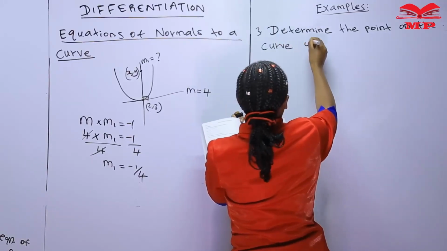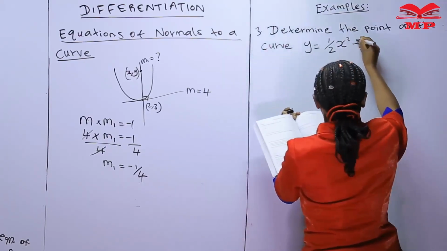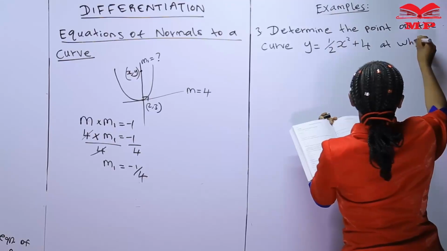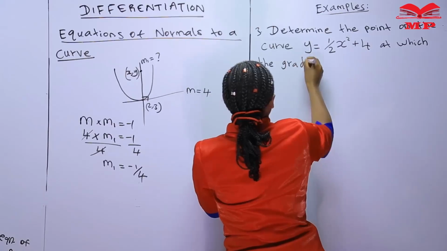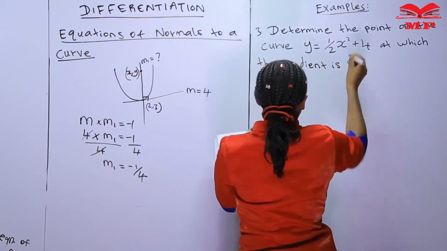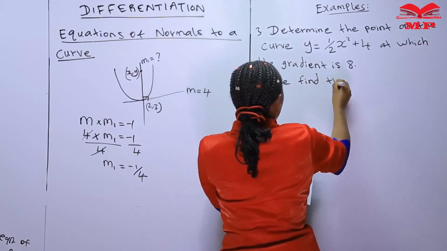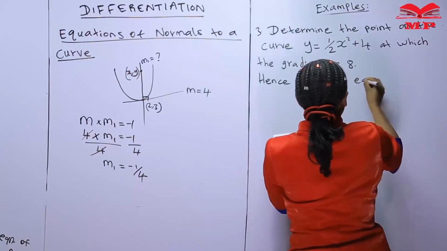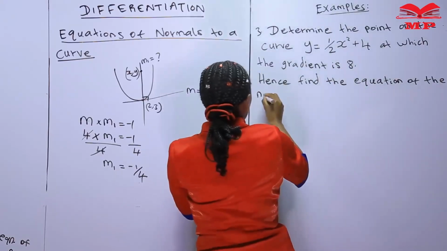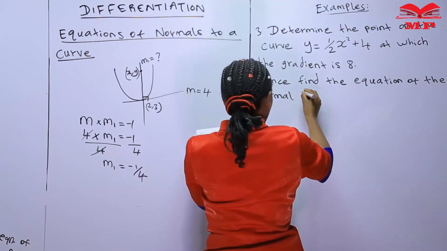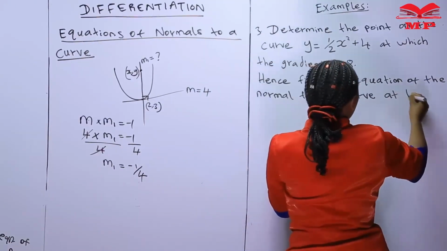We have been given the curve y is equal to a half x squared plus 4, at which we determine the point at which the gradient is 8. That's the first thing. Then hence find the equation of the normal to the curve at this point.